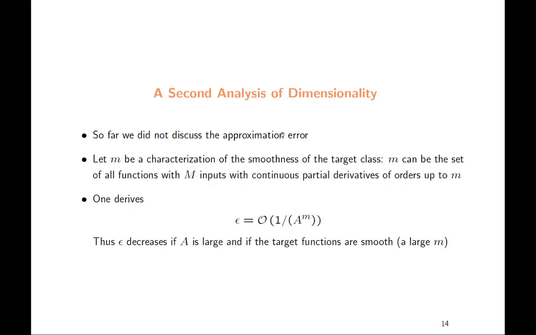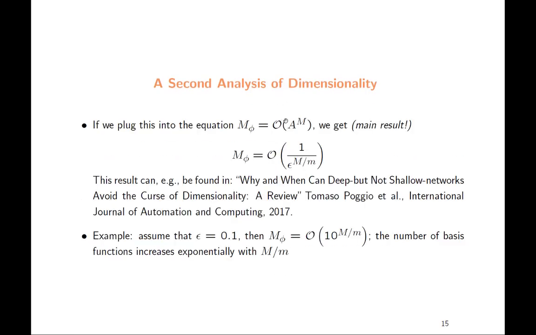And we can plug this equation into this equation, and we get, and this is a main result, the number of basis functions on the order of 1 divided by epsilon, the error we are willing to tolerate, to the power of small m, the input dimension, divided by large M, the smoothness.